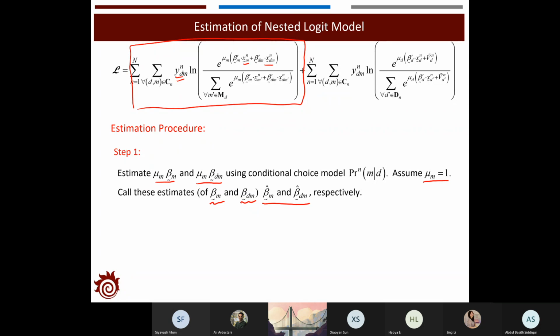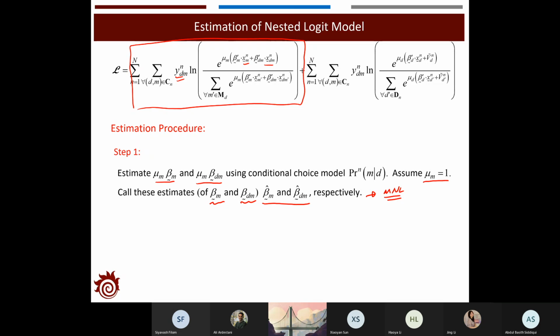And this kind of method, this estimation, is the same as the one that we showed previously for the multinomial logit model. It's exactly the same. We will just have more variables to calibrate.